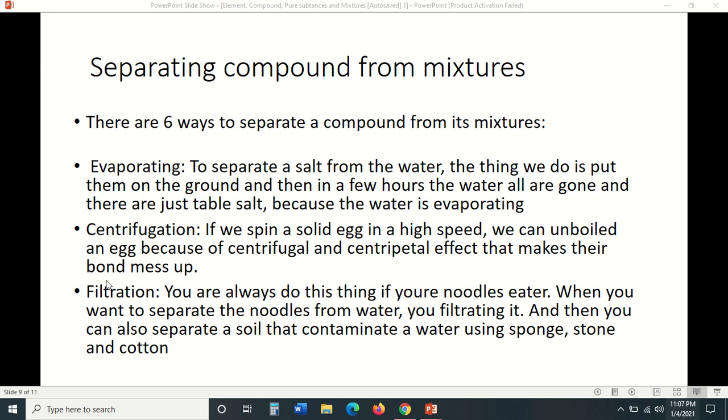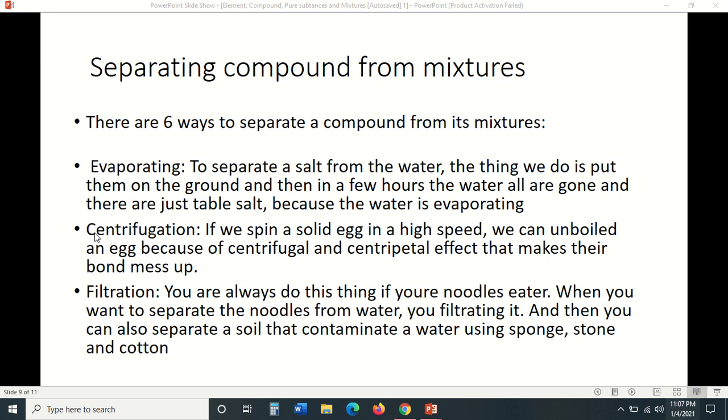So to make salt evaporate, it will take a much longer time than water, which has become a liquid. The boiling point of water and salt is different, so the water will evaporate first and the salt will not evaporate. It will leave the salt behind.